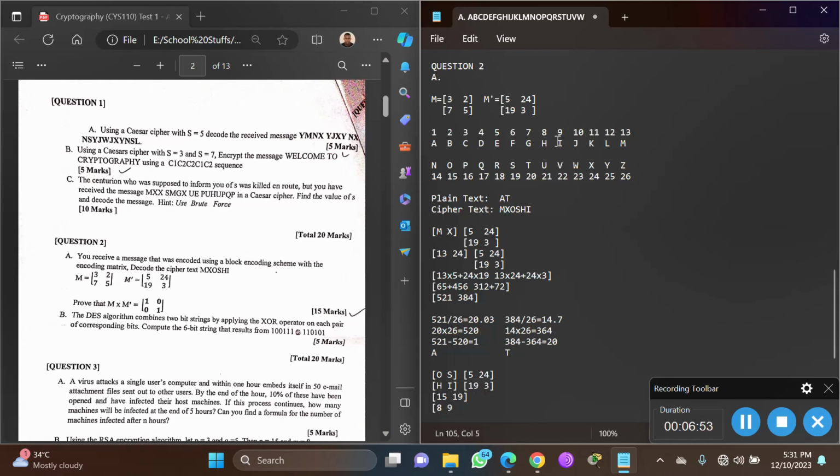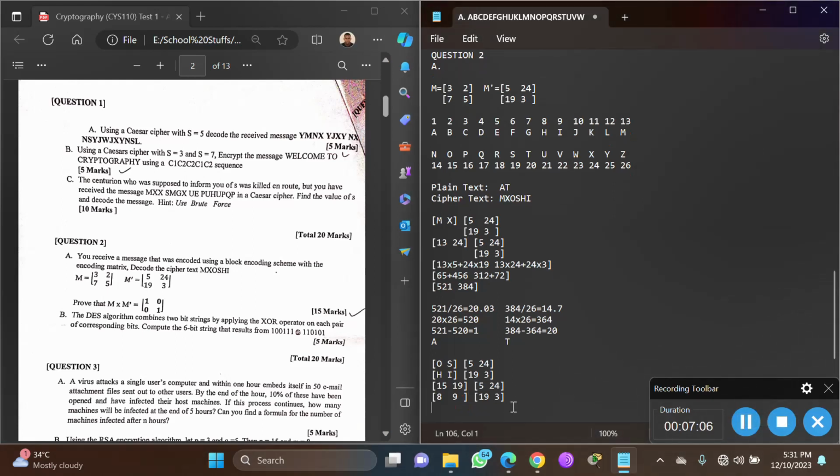Then once we are done with that, we can now write our decoding matrix. Okay, so it's row by column. So this is our row and this is our column like that.